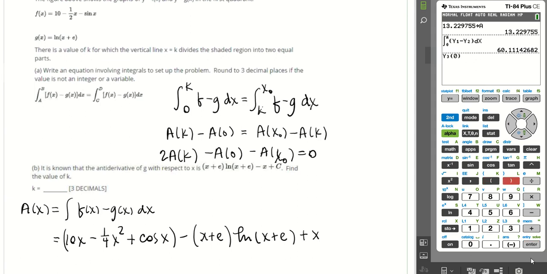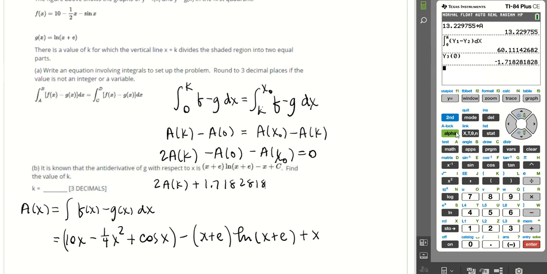So when I plug 0 into y3, I'm going to get that. Minus negative, okay, so plus 1.7182818. That'll be enough decimals, I promise.